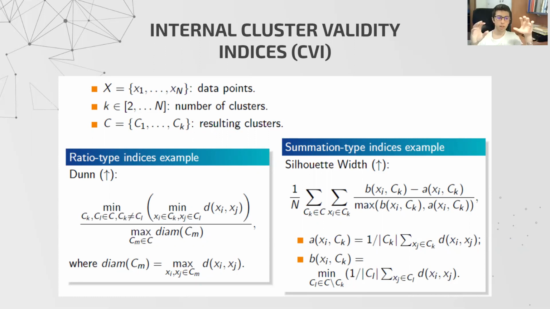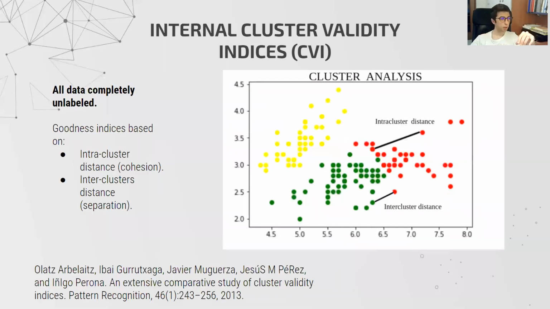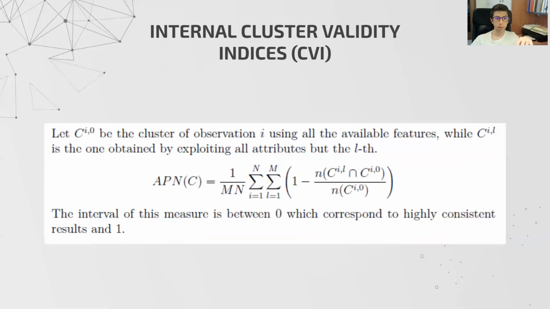So these are two ways to merge the effects of these two types of distances, intra-cluster and inter-cluster. And there is another one that considers both the inter- and intra-cluster distances, but also merges the stability property of one cluster.